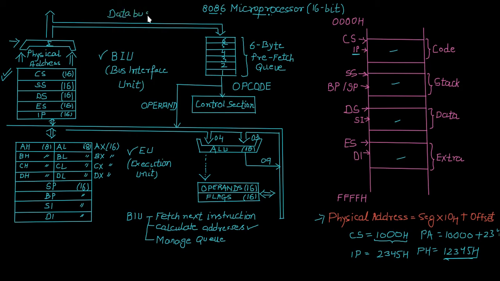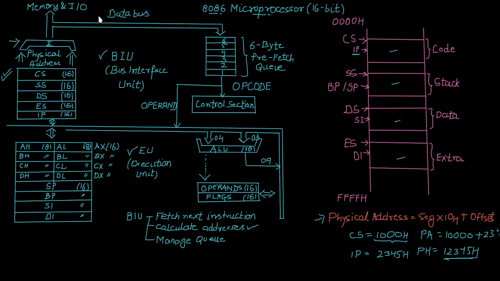So once you have calculated the physical address, you have now obtained the instruction. Now you will pass it to this 6-byte prefetch queue or to the memory and IO or the input output devices.